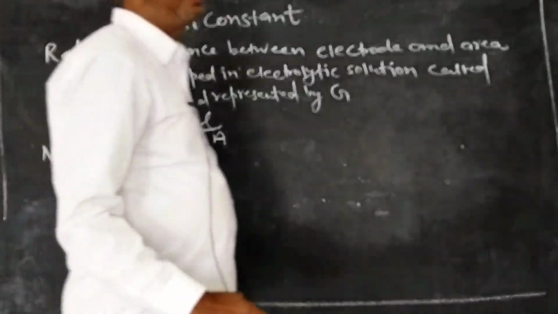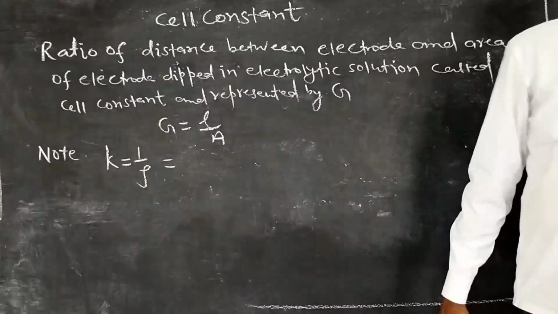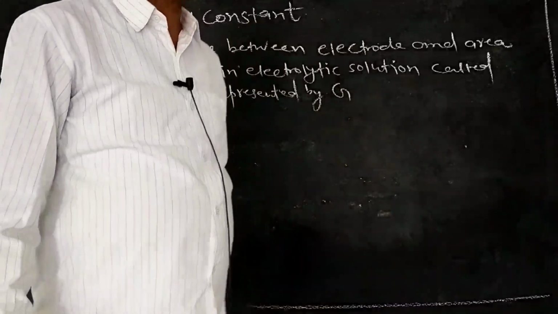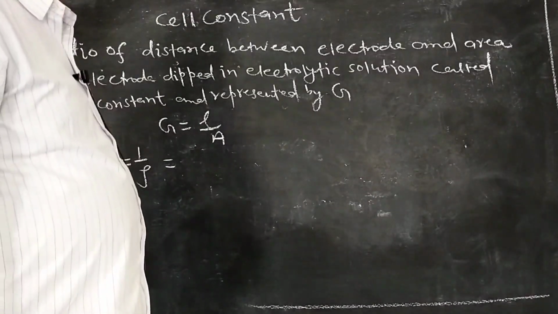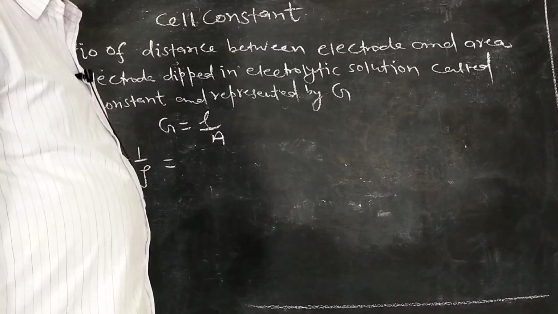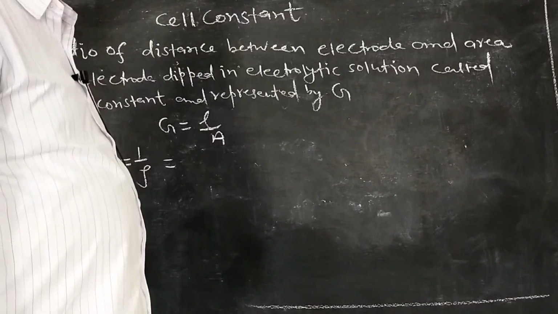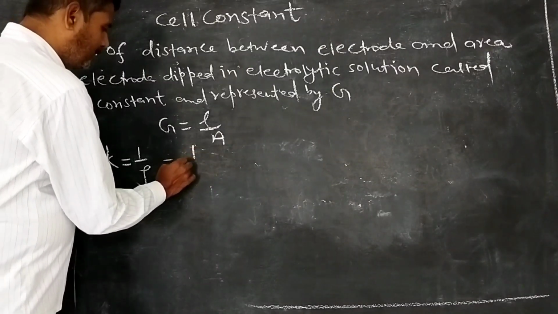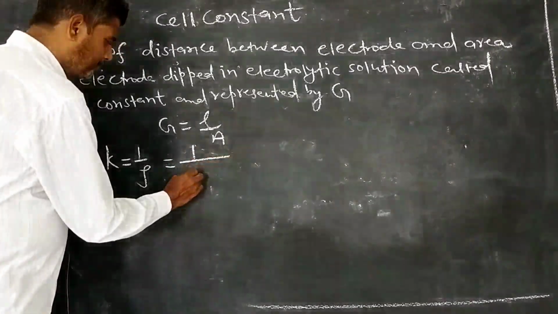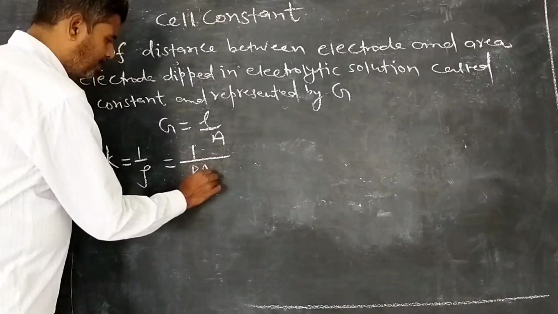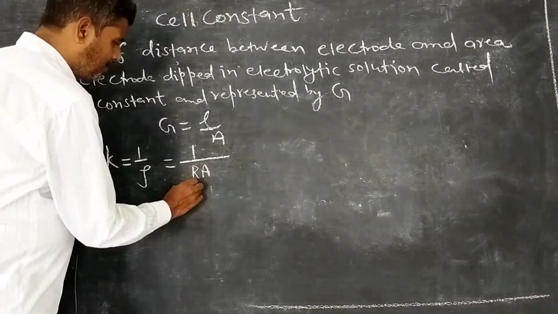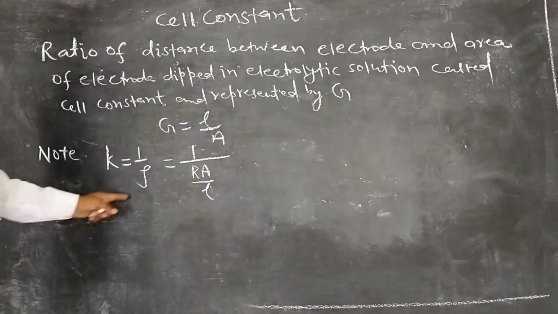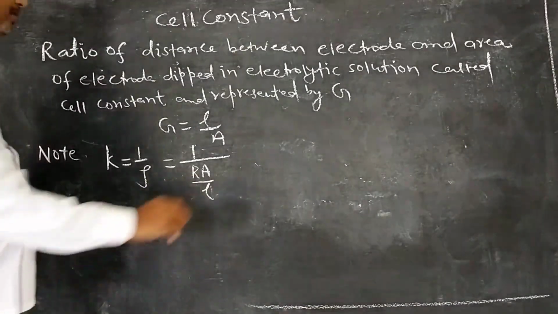On the basis of the relation between resistance and specific resistance, we have rho is equal to RA upon L. So we may write 1 upon rho is equal to L upon RA.